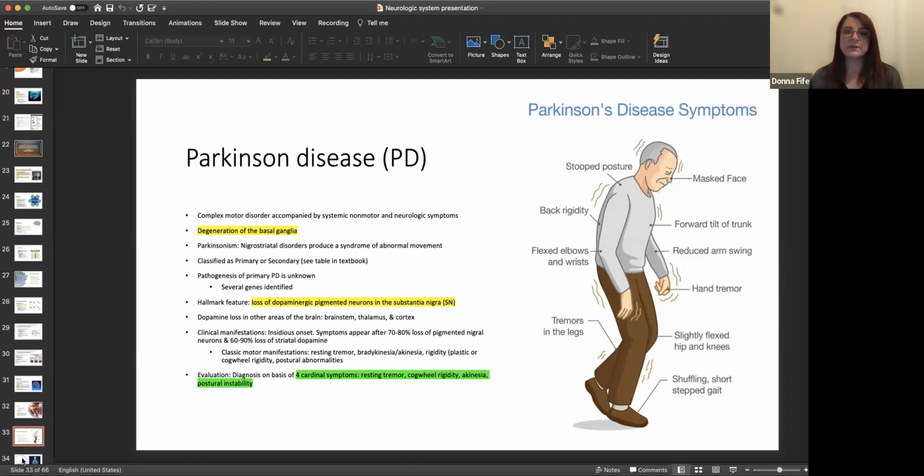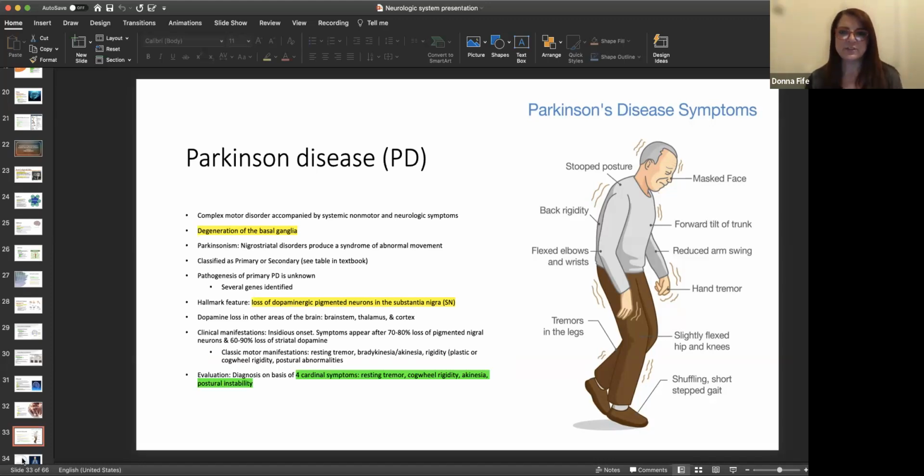Pathogenesis of primary is unknown, but there are several genes identified as contributing to this. The hallmark feature of Parkinson's is a loss of dopaminergic pigmented neurons in the substantia nigra. There's dopamine loss in other areas of the brain, such as the brainstem, the thalamus, and the cortex.